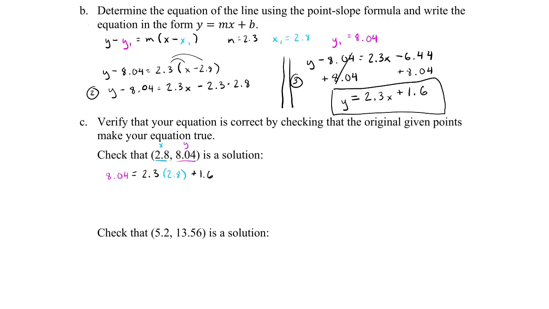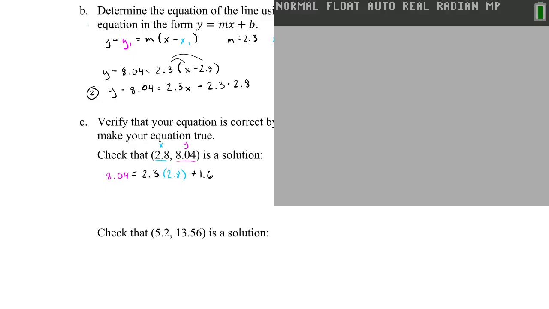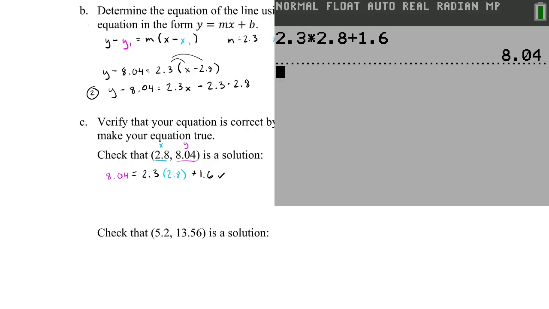And this is something we're just going to throw into the calculator. We'll take 2.3 times 2.8 plus 1.6. And that really does work out to 8.04, which is what we wanted to see.